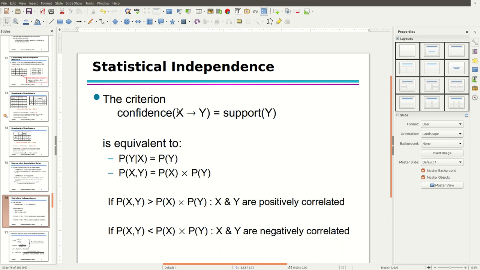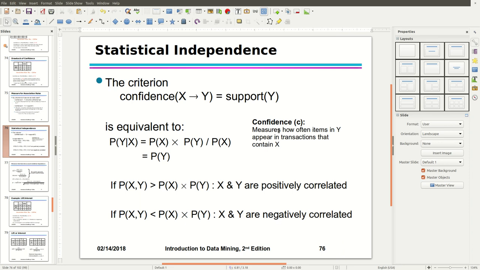So that is the number of X, but then you have to look at how many times you see both X and Y. So that is confidence, and that is also why we have the same equation. I will pause for a moment and bring that equation to show you that. Just a second.